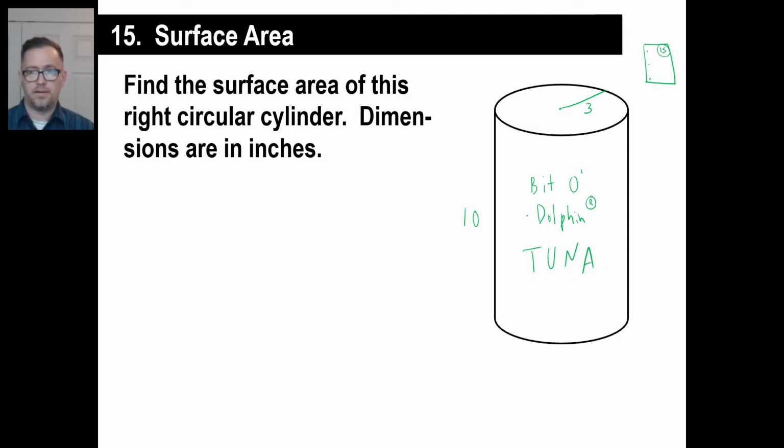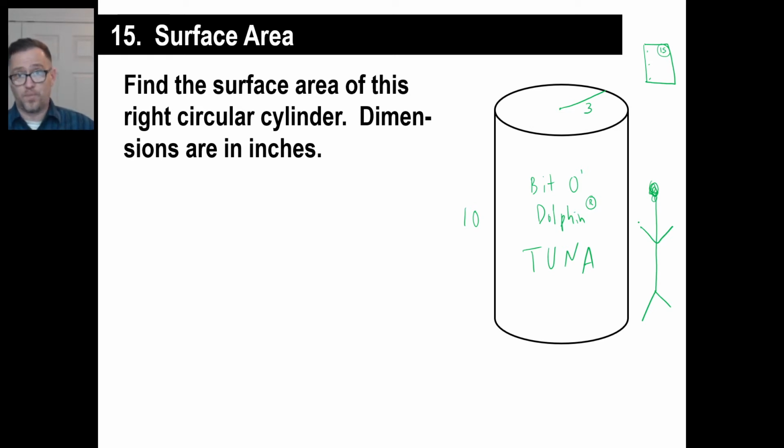Okay. So it's a giant can. So here you are looking at this giant can of tuna. It's one of those Costco things. It's a homeschool family size tuna. Okay, well, you tell me, there are 3 surfaces to this can. What are they?